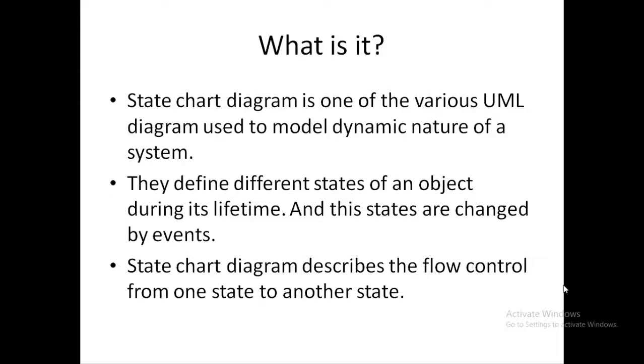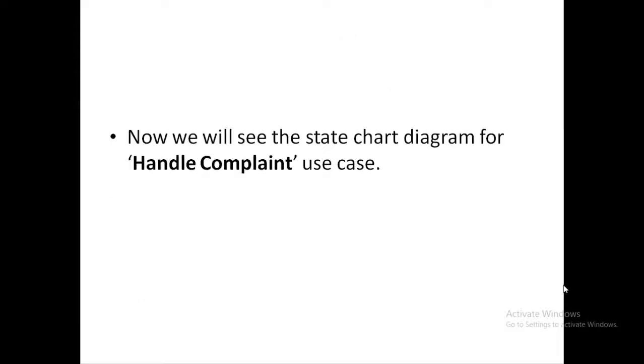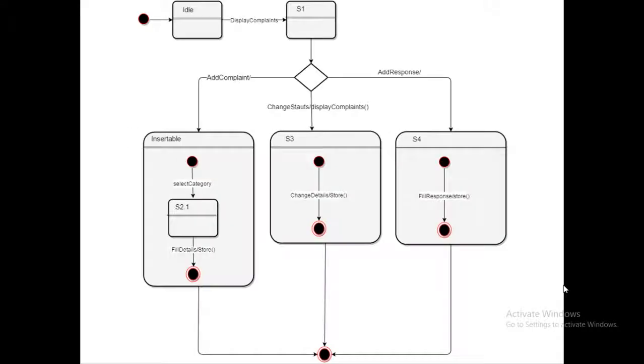Now let's have a look at the state diagram for handle complaint use case. The first state is an idle state from where the process starts. The next states are arrived from events like add complaint, view complaint, add response, and change status.